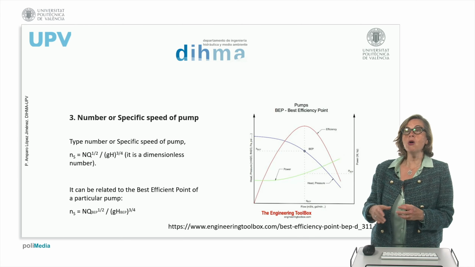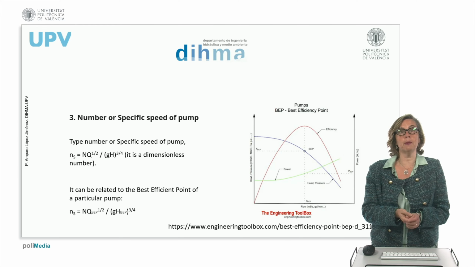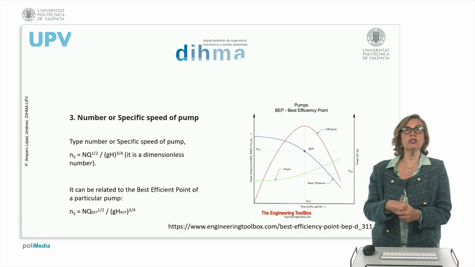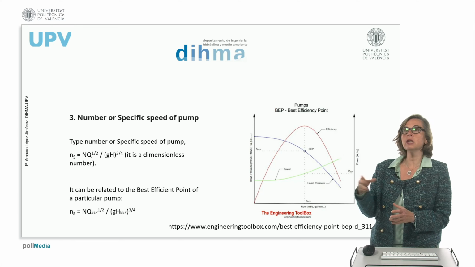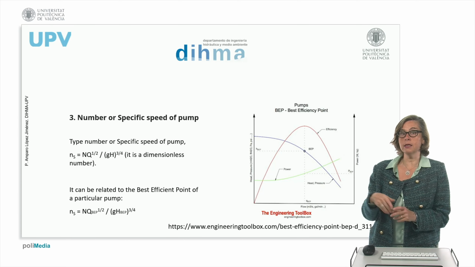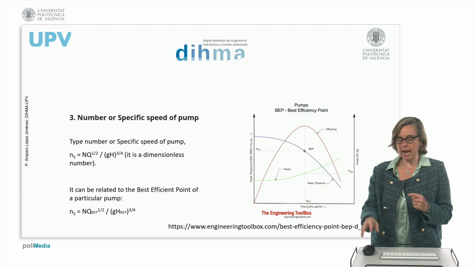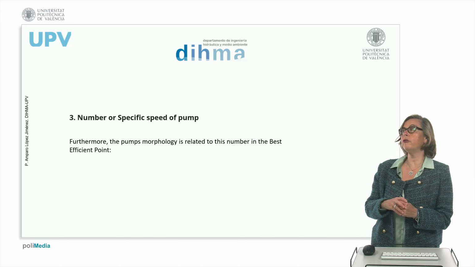We have other parameters to choose a pump, for example, the number of specific speed in the pump. This number is a dimensionless number, which we can find here, which is related directly with the morphology of the pump.